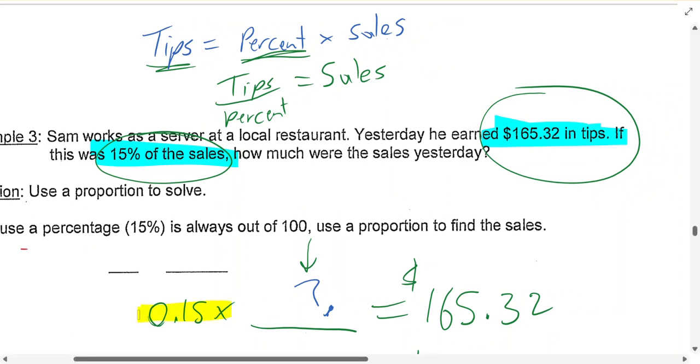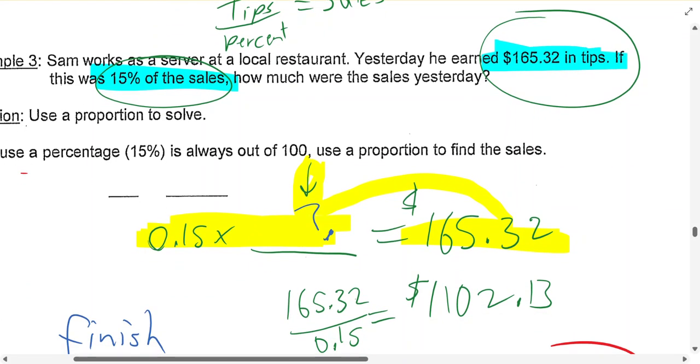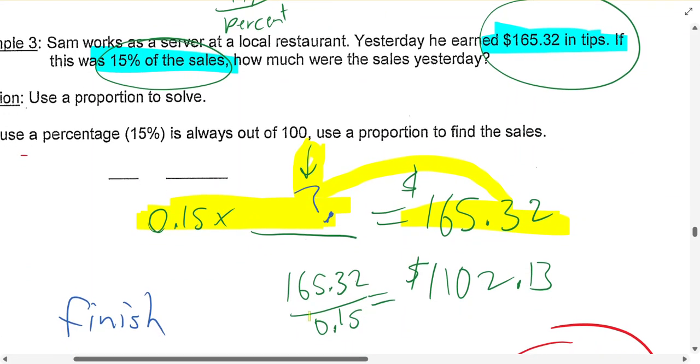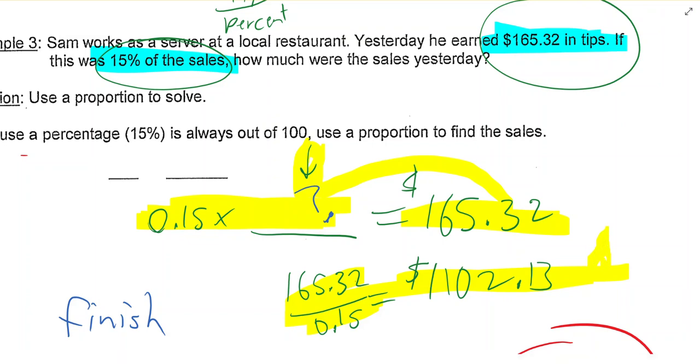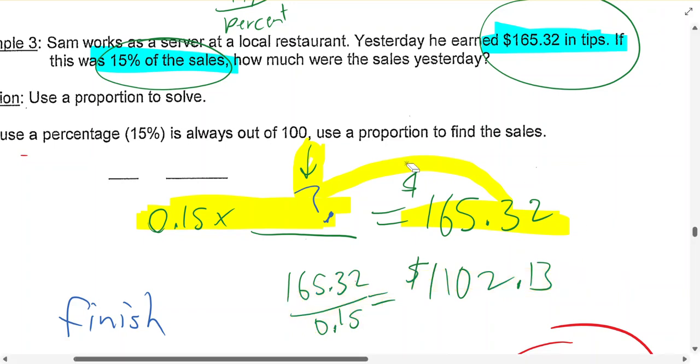So 15% times some number equals $165.32. So 165.32 divided by the percent equals $1,102.13. So that's the sales that he made, that he brought into the company. Any questions?